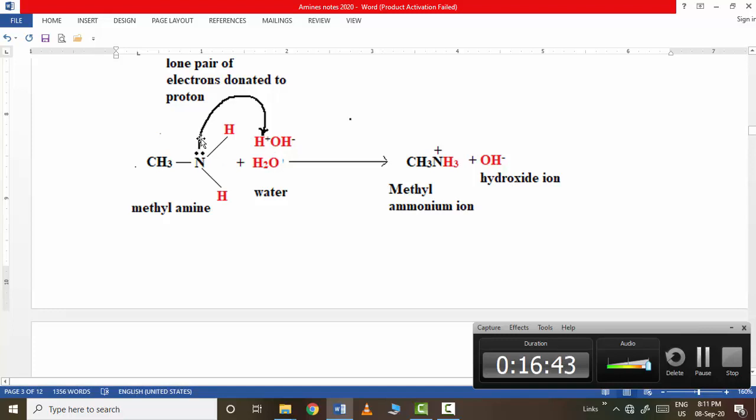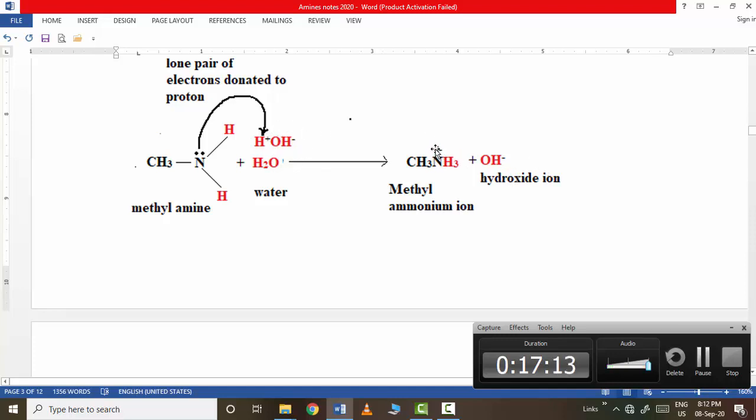This lone pair of electrons will be donated because it is acting as a base. It will be donated to the proton, so this proton will be abstracted and taken by the nitrogen. After donating the lone pair of electrons, where there were only two hydrogens on the nitrogen, this hydrogen will be added. Now you can see there are three hydrogens, and there is a plus charge indicating that nitrogen has lost the lone pair of electrons. Now the remaining part is the OH negative ion.